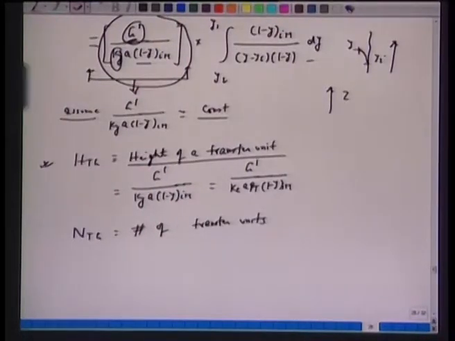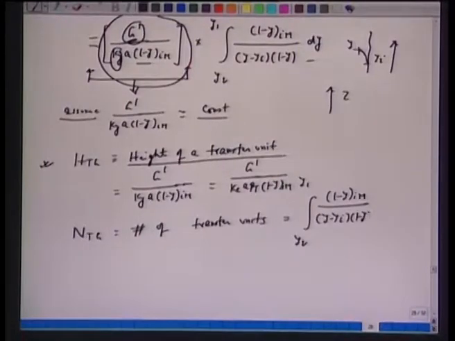So, we have the number of transfer units NTG given as the integral from y2 to y1 of 1 minus y_I m over y minus y_I times 1 minus y, dy. All right. So, if you can evaluate this quantity, we can calculate the number of transfer units. This integral is still quite complicated, right.